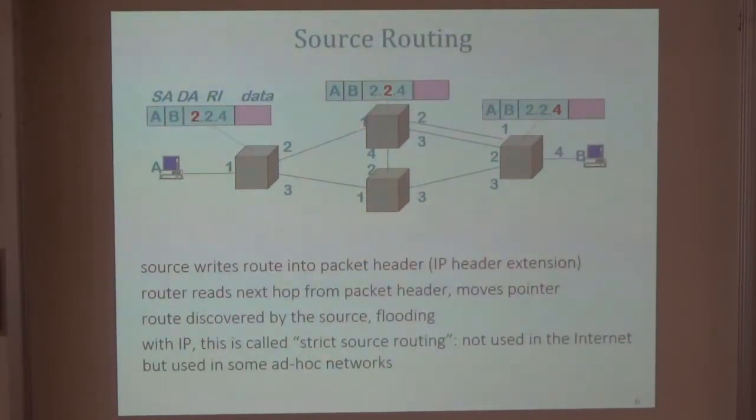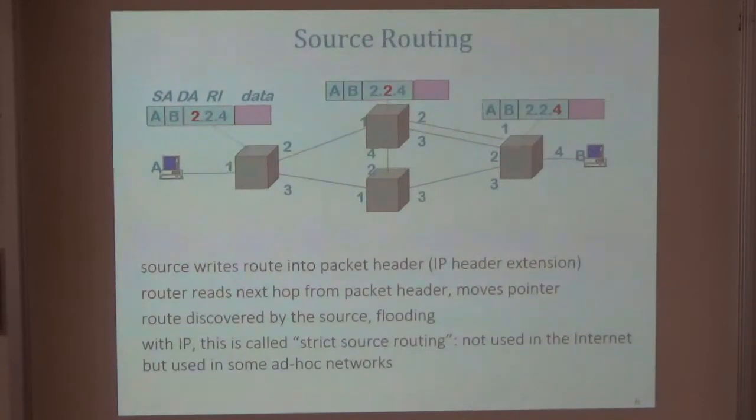If it's a point-to-point interface, it will reach the top router. Of course, it needs to mark the fact that it has consumed the label 2, so it needs to put a flag somewhere. When the second router receives it, it also sees a number 2, so it sends it to the third router that sees the number 4, and it sends it to B. So that is source routing.